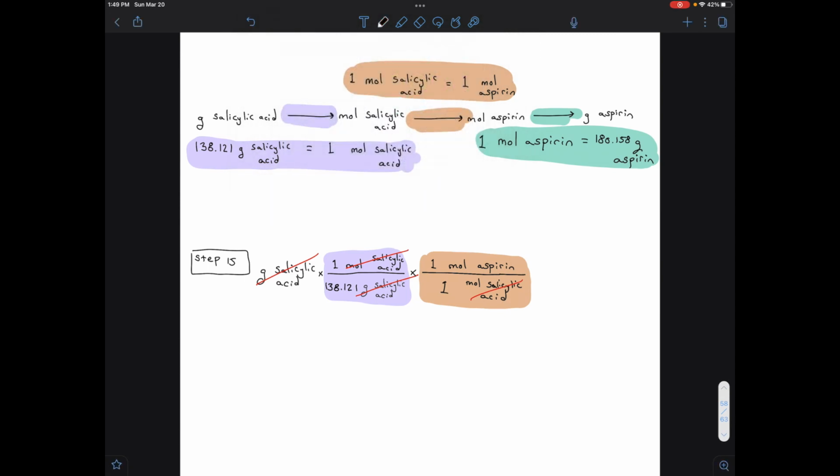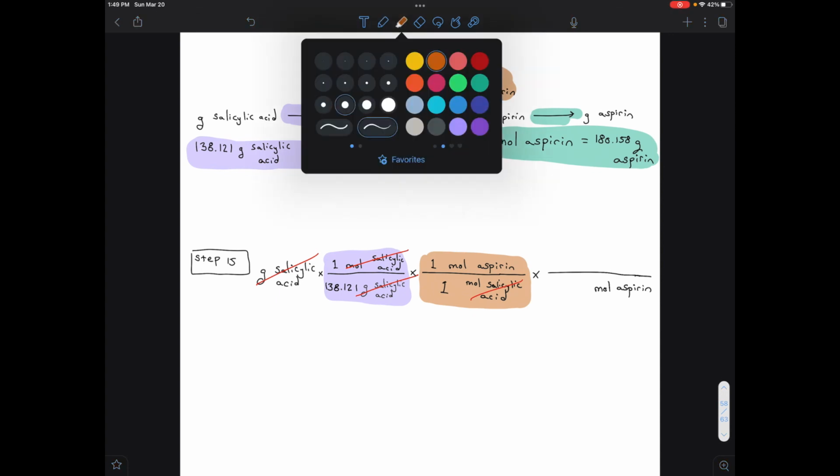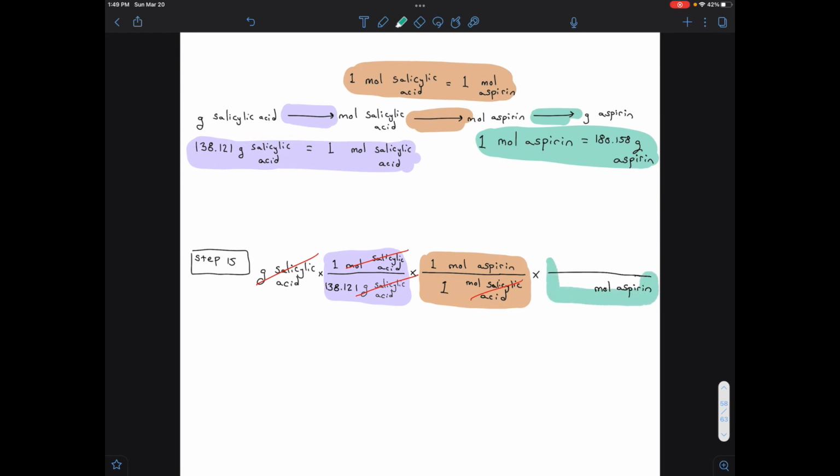So if you have one unit but you want a different one, you have to do another conversion. Every time you do a conversion, you write a multiplication sign, a fraction bar, and the units you start with in the previous fraction go in the bottom of the next one. You want those units to cancel out so that they'll change or convert. We're going to fill that third and final fraction in with our third and final conversion factor.